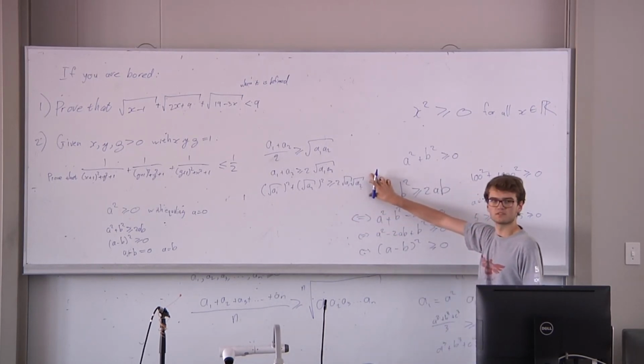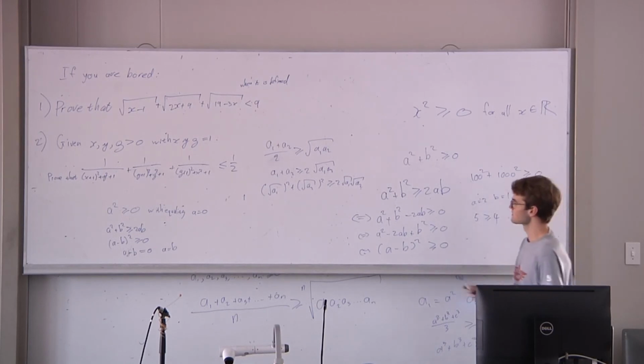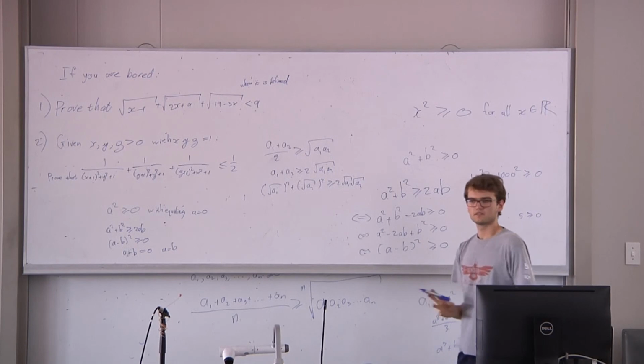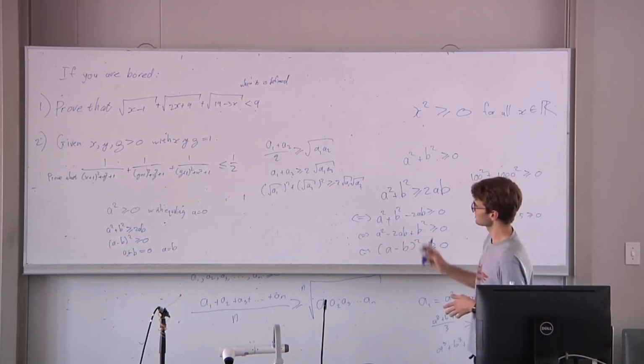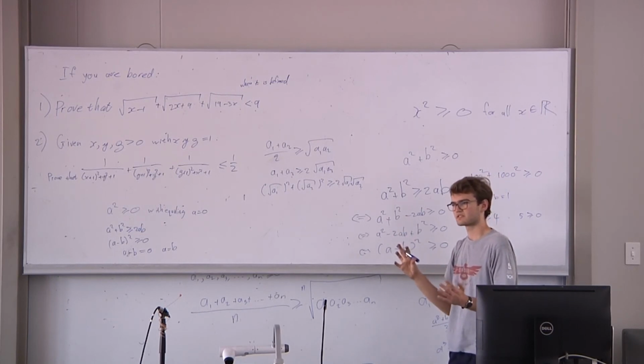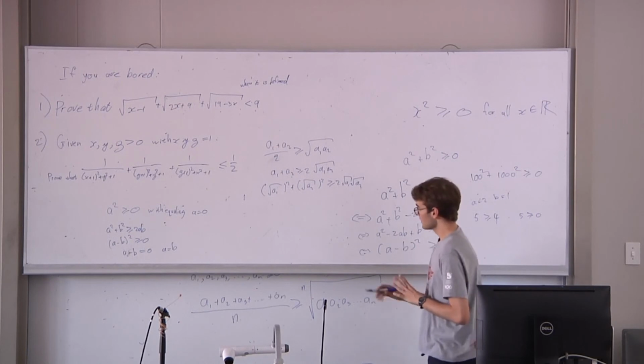So this is equivalent to AMGM for n equals 2. And you'll recognize this as something we did earlier. It was the second one we did, I think. So you move everything to one side, show that it's a square, so it's always bigger than or equal to 0. So that's how you do n equals 2.